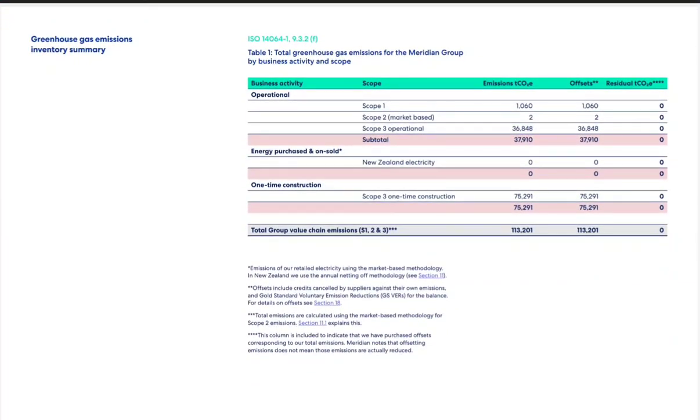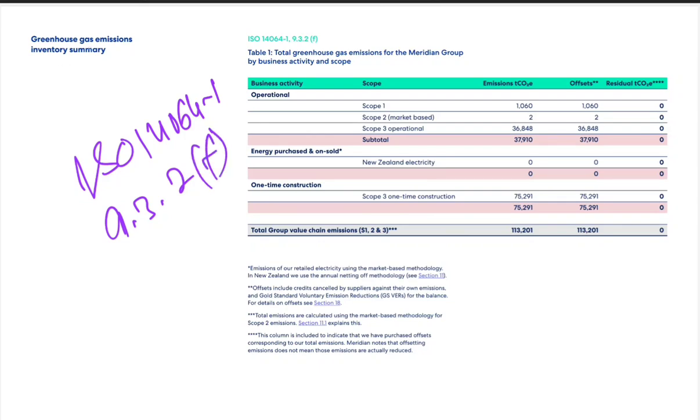This is the inventory summary as per ISO 14064-1 9.3.2 F. The inventory summary prepared here. You see the business activity, then scope 1, 2, 3 covered here.